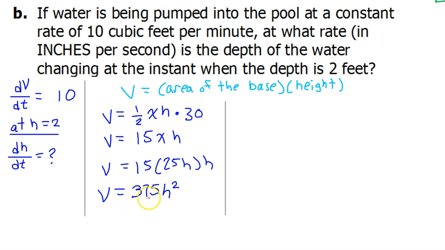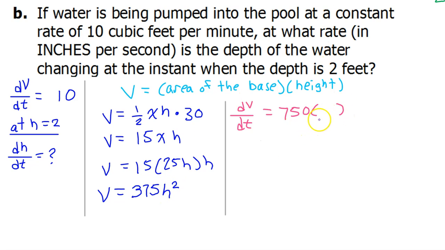Now we can take the derivative of both sides with respect to t. On the left side we have dV/dt. And on the right side we are going to use the chain rule. 2 times 375 is 750. So that's the outer function.